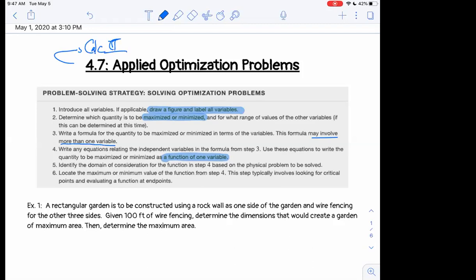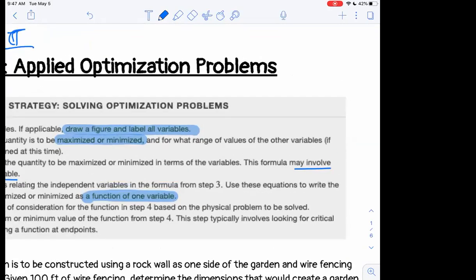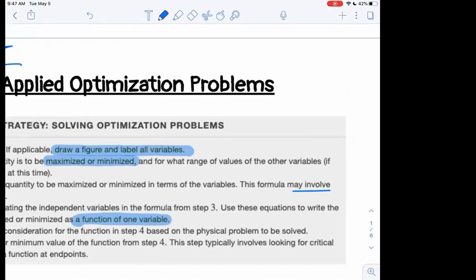Now, we've read this word maximum and minimum a lot, and I just want to draw a little picture up in this corner before we get started. So if I have a maximum point on a graph, someone tell me about the slope on this side. Slope is positive, negative, or 0? Positive. Positive, good.